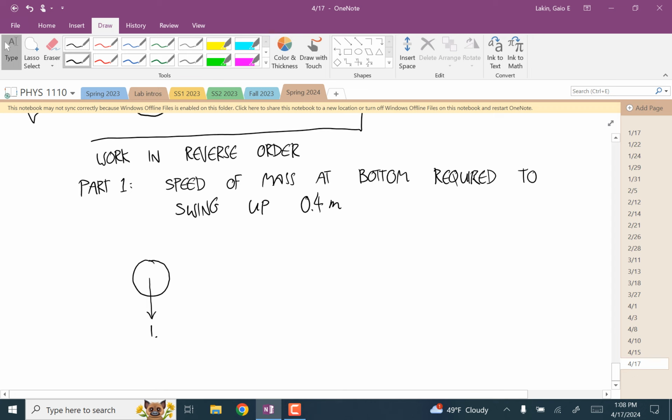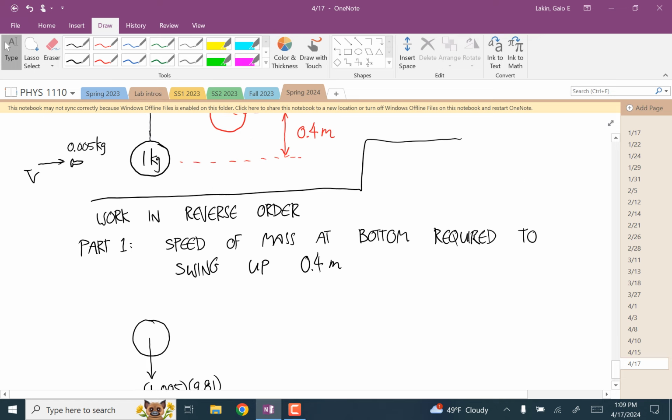So it's 1.005 times 9.81. So that's 9.86 newtons. And then the only other force is the cable force.